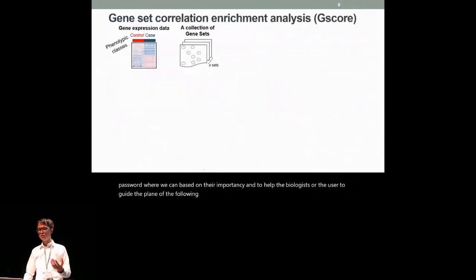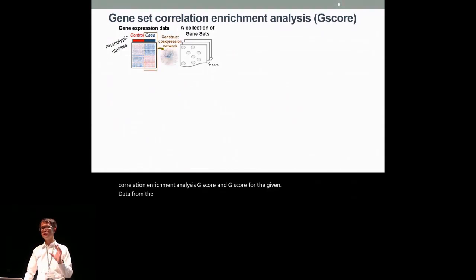So we propose a method we call gene set correlation enrichment analysis, GSCEA. For the given gene expression data from the user, we focus on the case samples to construct a dataset-derived correlation network, so the network is constructed from your given data.